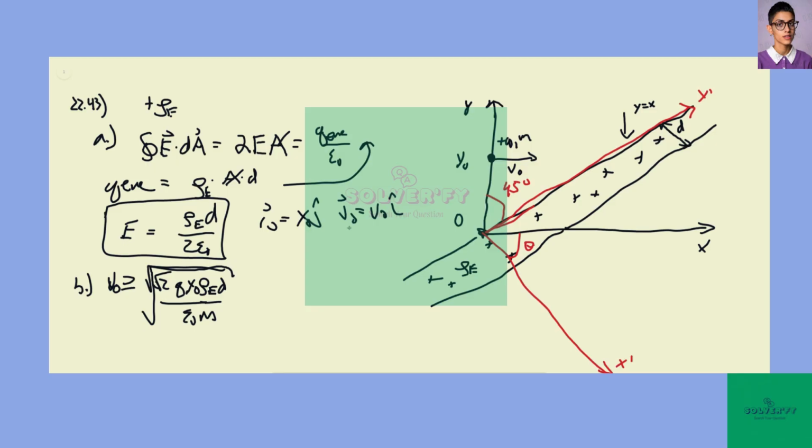So now let's write out our vectors in the new coordinate system. We have our r naught in the new coordinate system to be y naught cosine of 45 degrees r hat plus y naught sine of 45 degrees z hat.